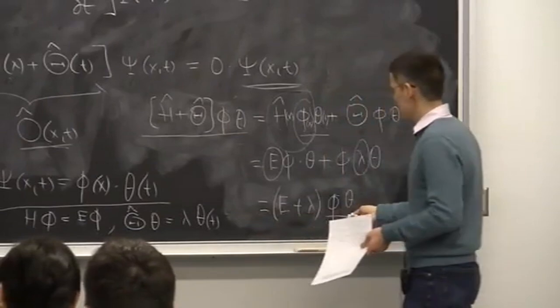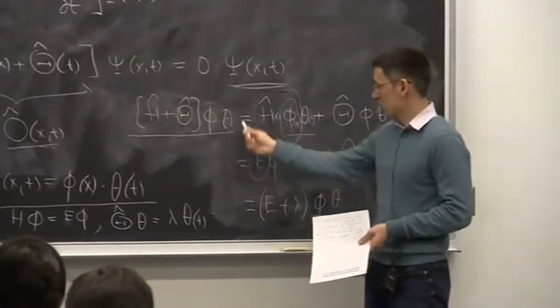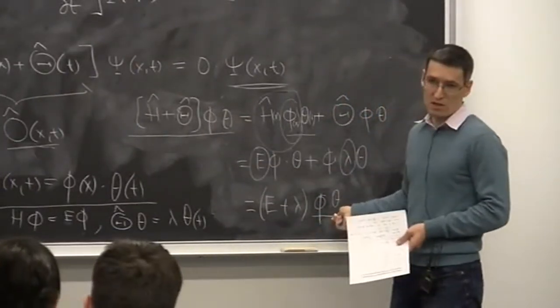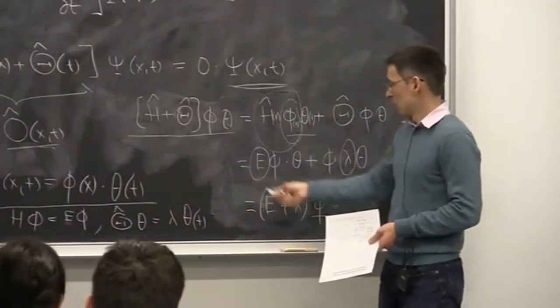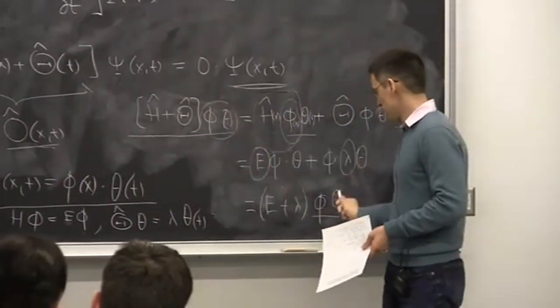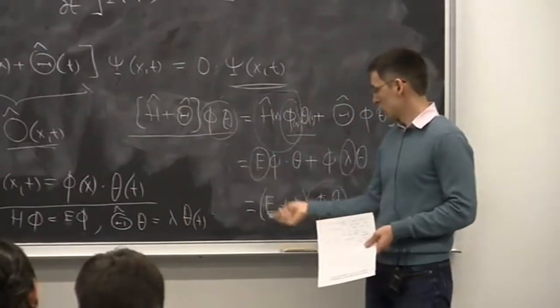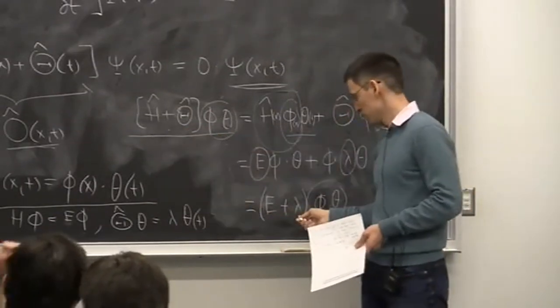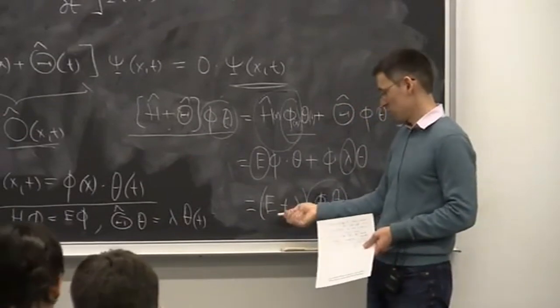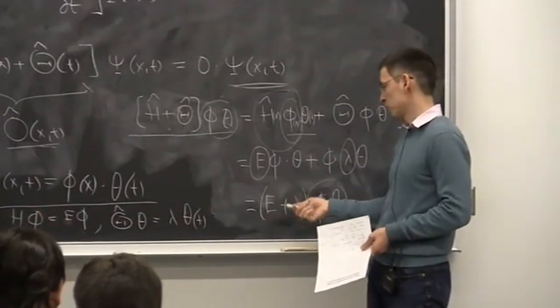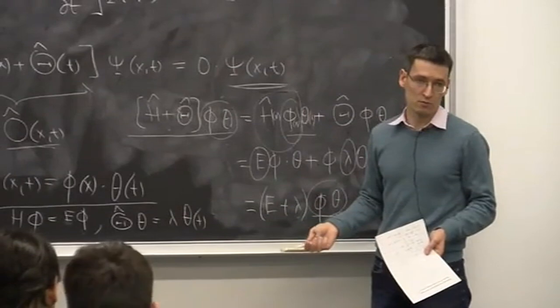And what we found at the end is that this product is itself an eigenfunction, because we recovered back the function, and the only change that these operators produced is this constant, which is the sum of two eigenvalues. Okay?